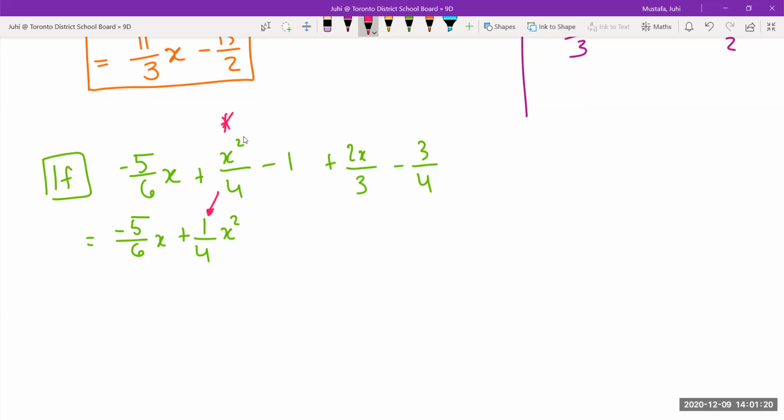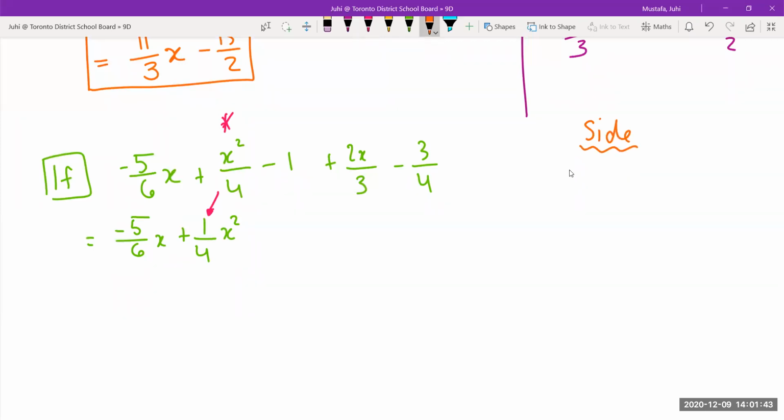Remember this, that x squared over 4 is the same as 1 over 4x squared. And I want you to rewrite it so that the coefficient is clearly written in front of the variable. I promise you, as you're doing questions, this step is going to make it so much easier for you. Okay, so let me go on the side here to show you a couple more examples.